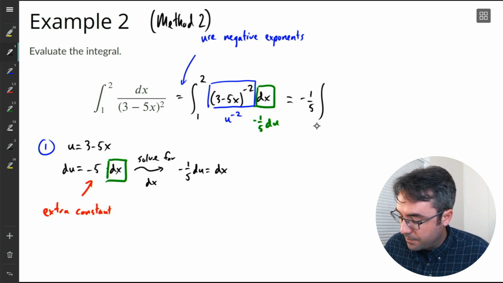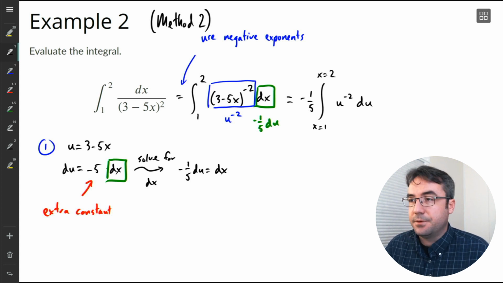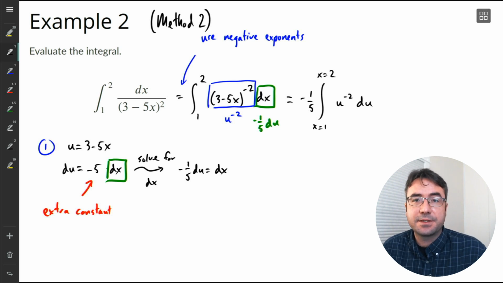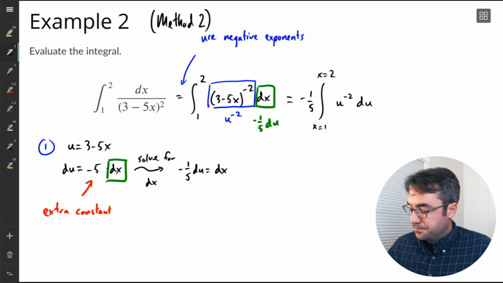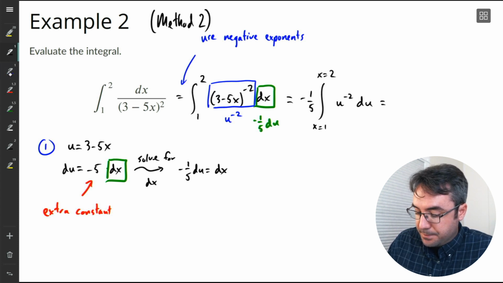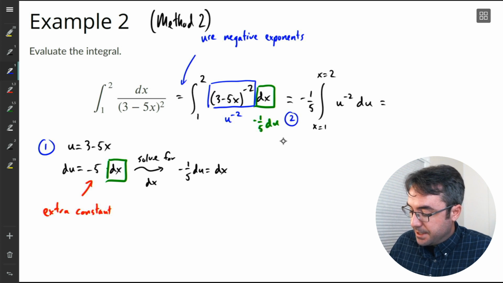And then we'll have the integral from x equals 1 to x equals 2 of u raised to the negative 2 du. So we're just leaving our limits of integration in terms of x. So that's step 2 there, plugging all our pieces in.